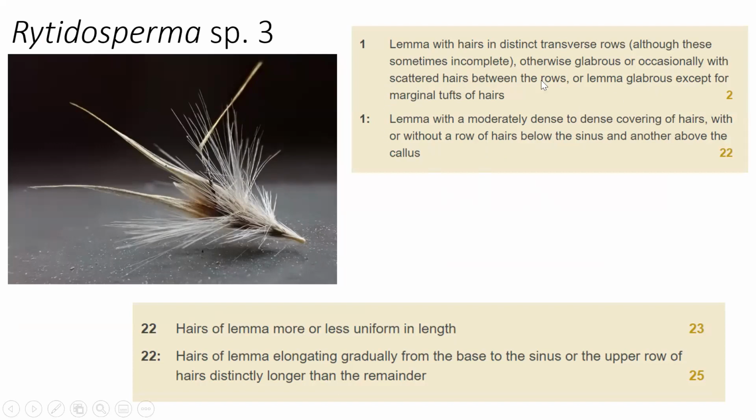So in the key, step 1, it doesn't have lemma hairs in distinct transverse rows, even though there's kind of longer hairs at the top, a little bit of hair in the middle, and another sort of row. It's got some covering over the face of the lemma. So that takes us to step 22. So there's not that many species with hairs all over them. So that's nice. It narrows it down a bit.